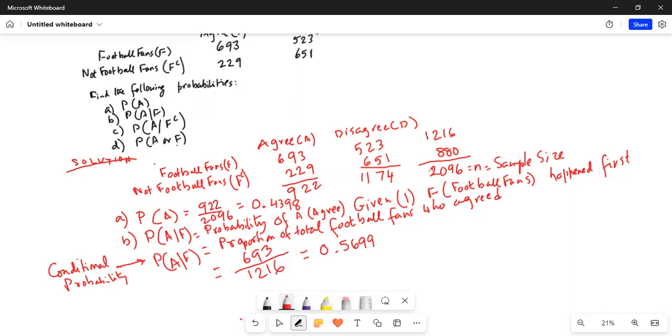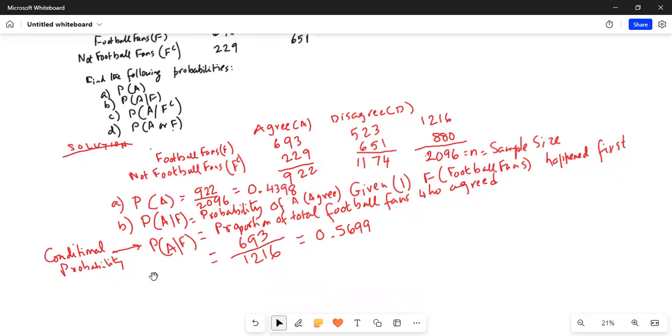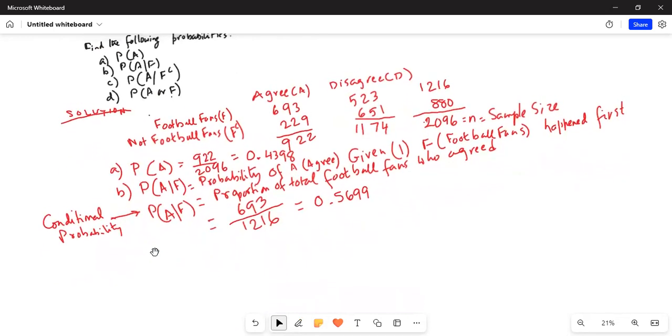Now let me create some more space, and I will use a different color of ink also. So part C, this is conditional probability of A given F happened first.